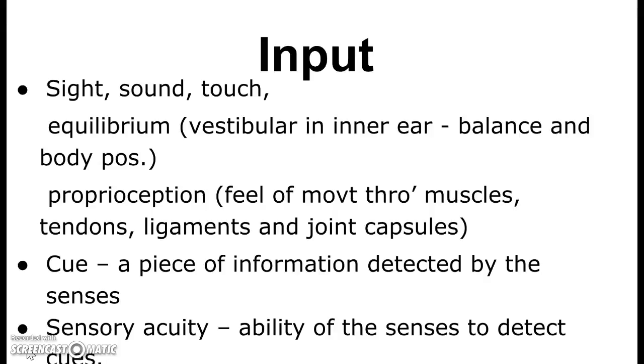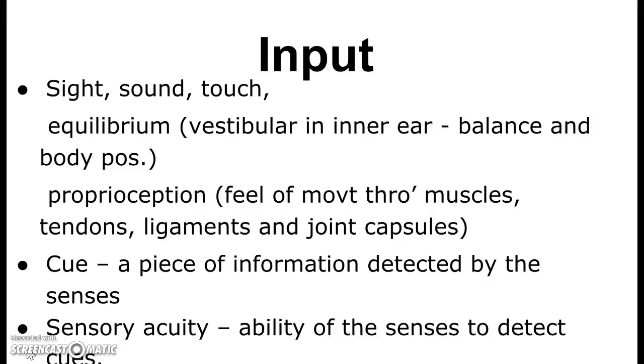So the input relies on the sensory acuity of the learner, in other words, the ability of the learner to use their senses to detect cues or information. So if we look at what that information is called, we refer to them quite often as cues, which are in the environment detected by sight, sound, touch. The vestibular in the inner ear gives information back to the learner about balance and their body position.